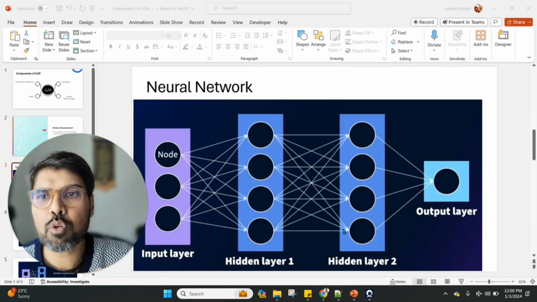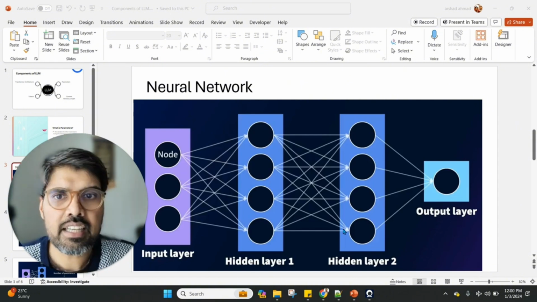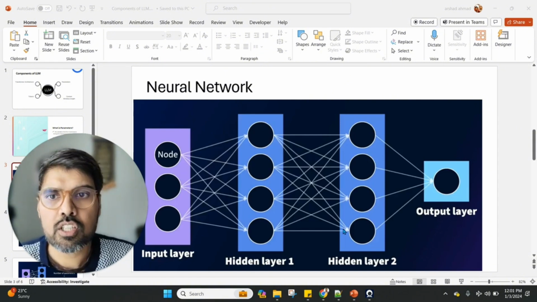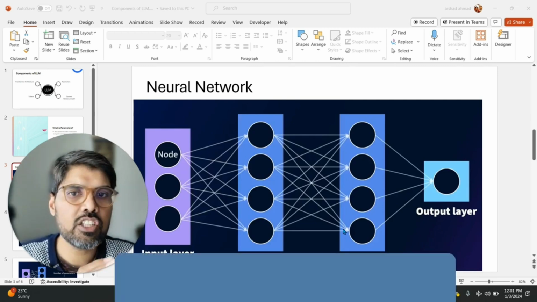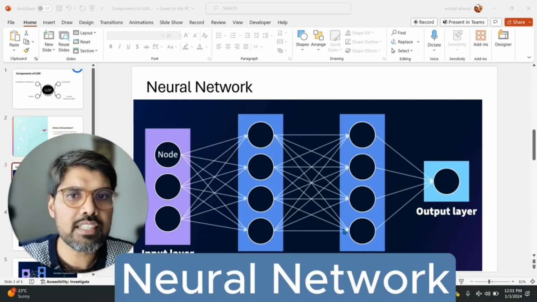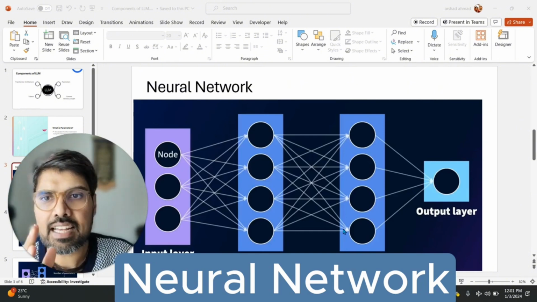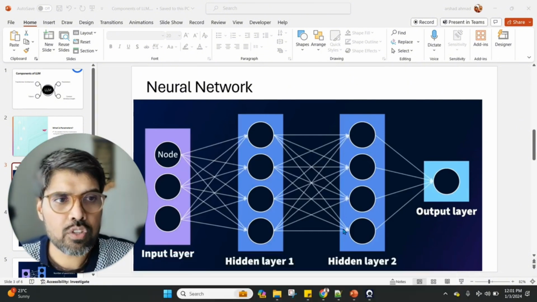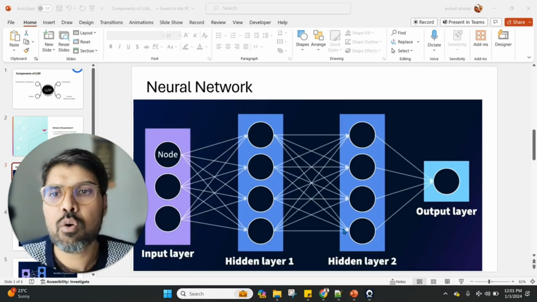It receives input from the other nodes, processes it and then passes the output to the other nodes. So a node represents a neuron and the collection of nodes or neurons is known as a whole neural network. The input layer has 3 different nodes, the hidden layer has 4 nodes, and the output layer has 1 node.